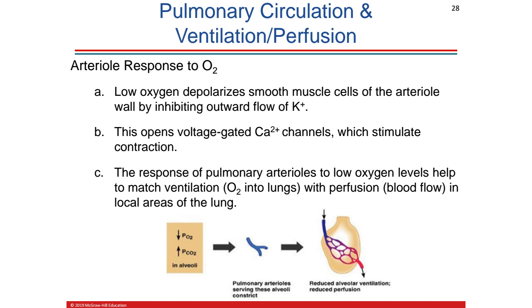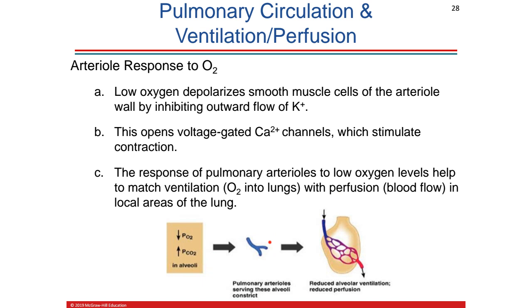So again, the response of pulmonary arterioles to low oxygen levels helps to match ventilation, which refers to the amount of oxygen getting to the lungs, with perfusion, which is the amount of blood flow going to a local area of the lung. Here again, we're showing an alveolus that is poorly ventilated, and therefore it really shouldn't be perfused with a lot of blood.